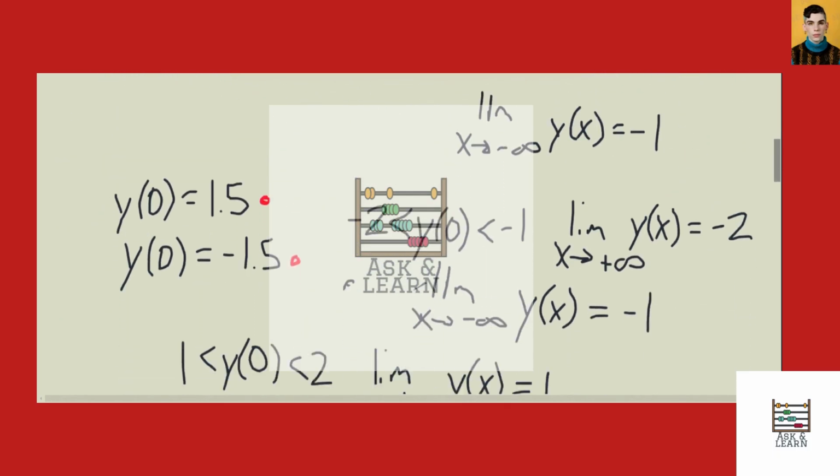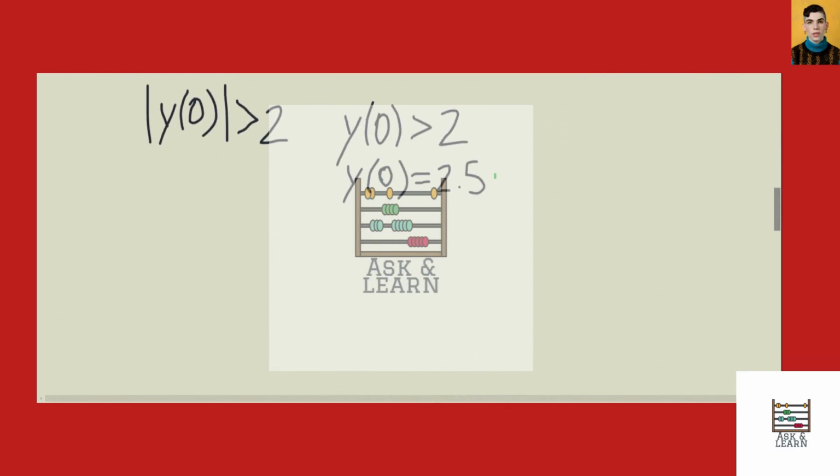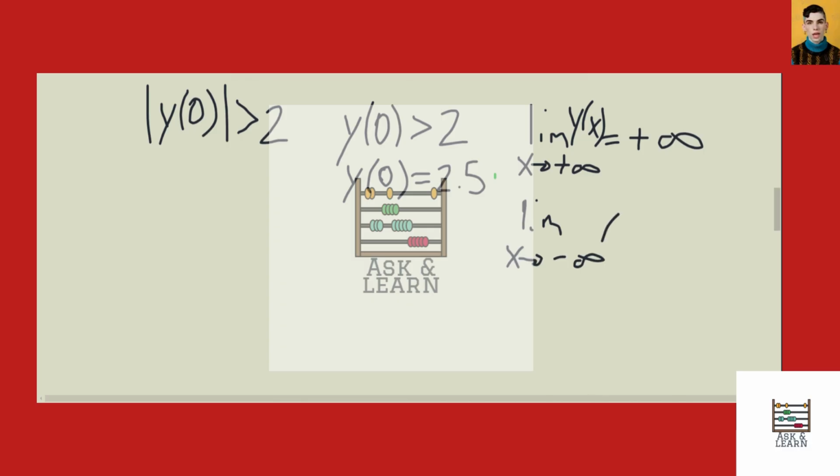And so we see that the limit as x approaches infinity of y of x is equal to positive infinity, then we have that the limit as x approaches negative infinity of y of x is equal to 2.